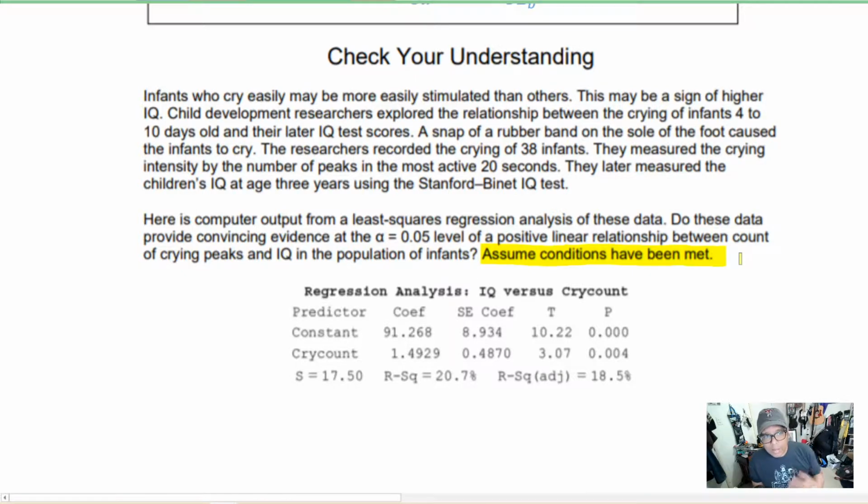Now, as far as these tests are concerned, a lot of times you're going to see that phrase, assume the conditions have been met. When you see that, don't even start with the conditions. Just move on. It's very important. Those are put there for you for some very important reasons, not the least of which is it's going to save you a little bit of time.